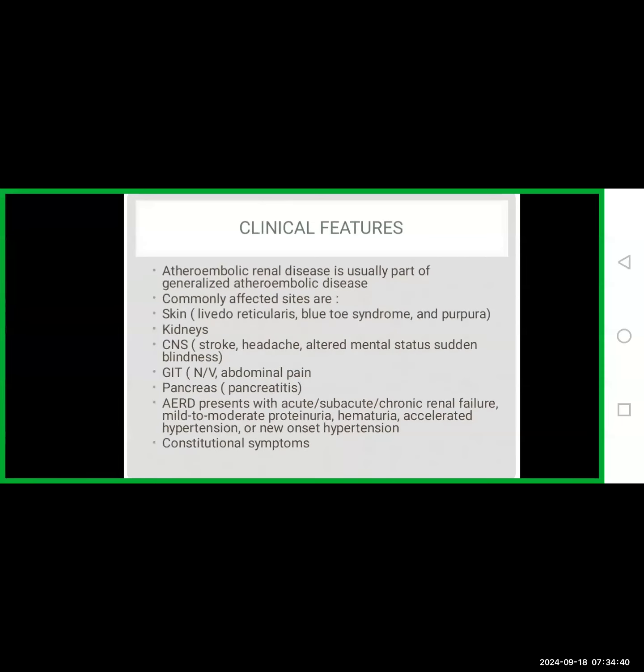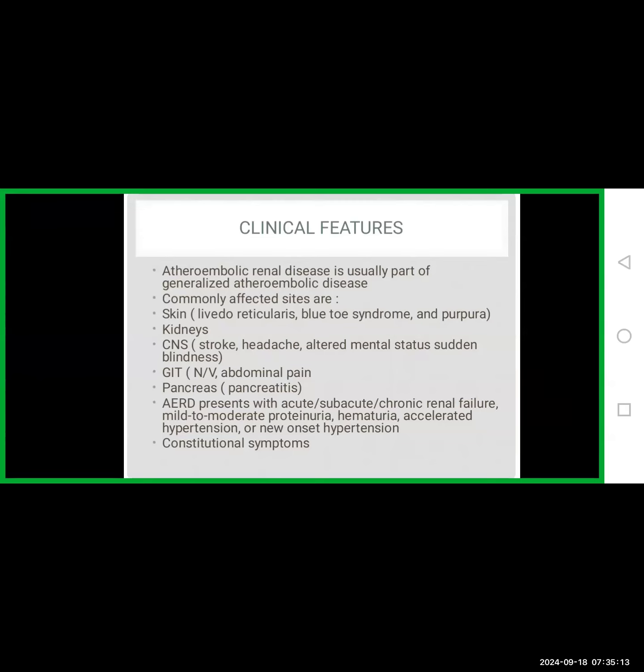Clinical features are usually part of generalized arterioembolic disease, and the commonly affected sites are the skin. In fact, skin is the most common extrarenal organ affected, and findings like livedo reticularis, blue toe syndrome, and purpura are commonly seen. Also, because it's systemic embolization, it can involve the CNS with typical features representative of that system.